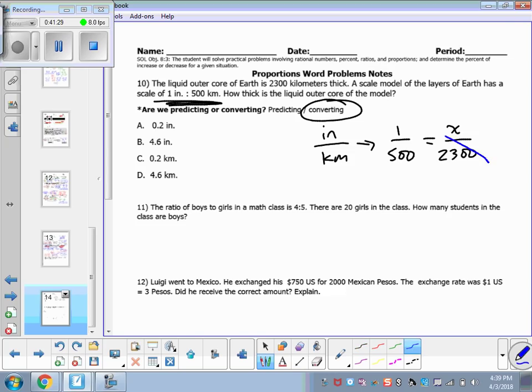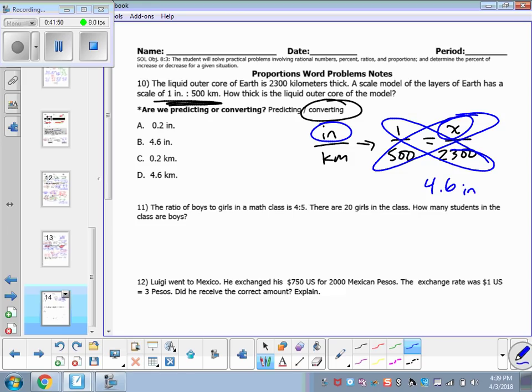Same idea here. We're going to cross multiply and divide. So in your calculators, take that 2,300, because 1 times 2,300 is just 2,300. And now we're going to take the 2,300 and divide it by 500. And there is the 4.6 inches. So that one would be answer choice B.